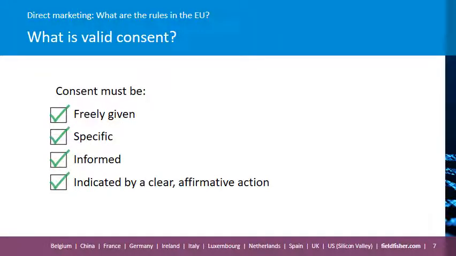Just by way of reminder, that is that consent must be freely given, it must be specific, it must be informed, and it must be indicated by a clear affirmative action on the part of the individual. So just keep in mind that the likes of pre-ticked boxes or implied consent won't be sufficient. So it's certainly worth keeping these requirements in mind when you are designing your direct marketing consents.